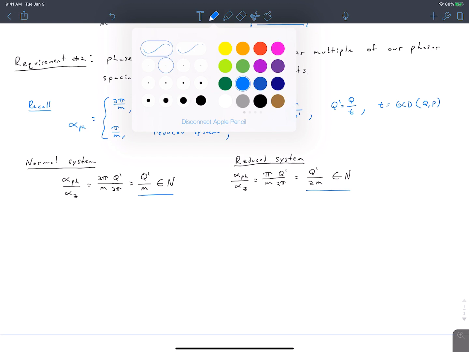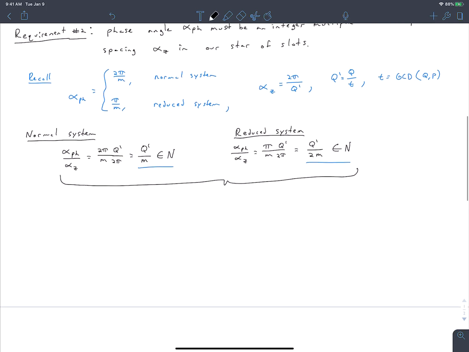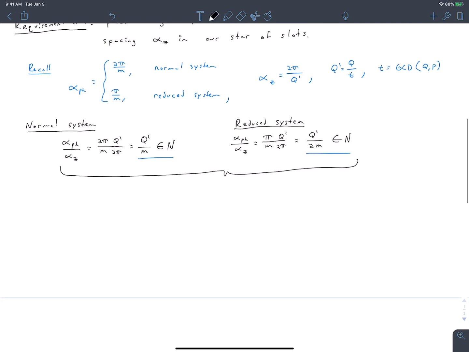And we can show, if we work on these systems, I'm not going to show it in this video, that this is equivalent to requiring that n and m be co-prime with each other. That is, that n and m can contain no common divisors other than 1. And we can write this as a math equation by saying that n must be perpendicular to m.